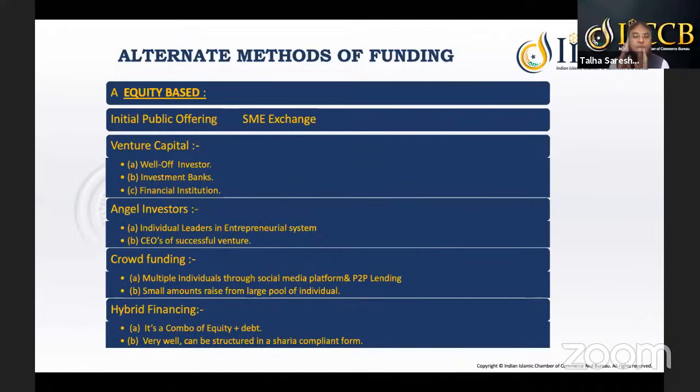But similar to crowdfunding, there is one more form of lending called P2P lending. What is P2P lending? It is basically peer-to-peer lending. Same as crowdfunding, you have a group of individuals within your business circle, within your community, within your social circle.